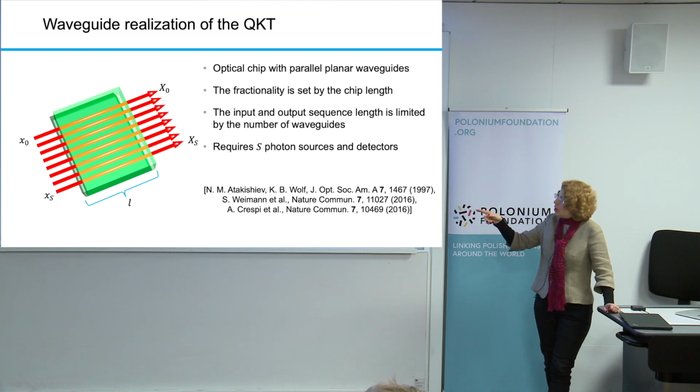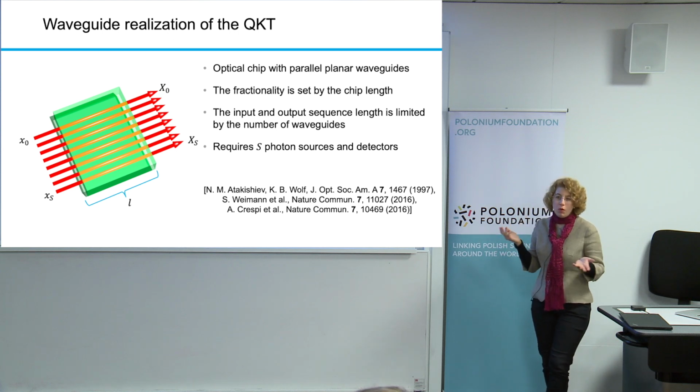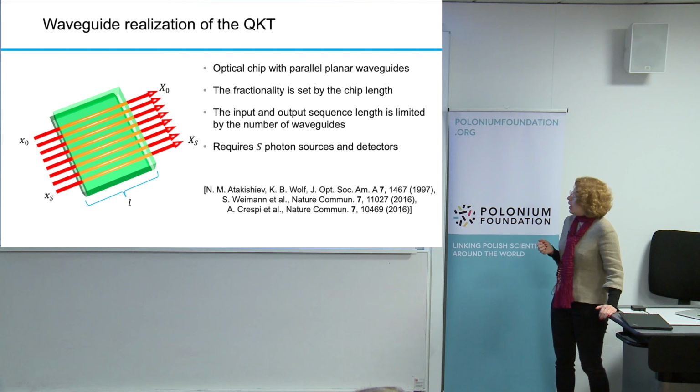And the number of inputs and outputs decides the length of the sequence that you will process, while the length of the chip decides the fractionality of the transform, whether you perform the full pi over 2 angle or half of it or whatever fraction you like.